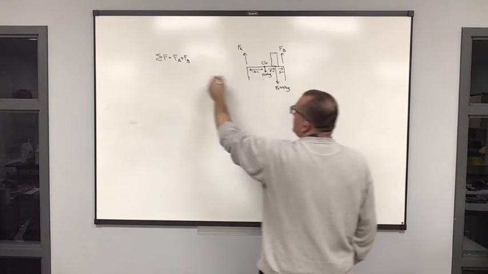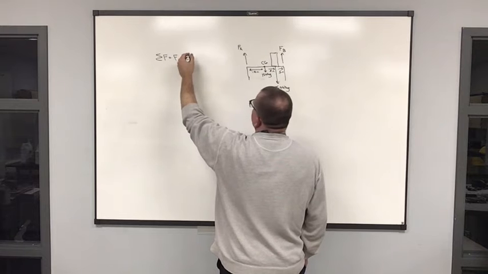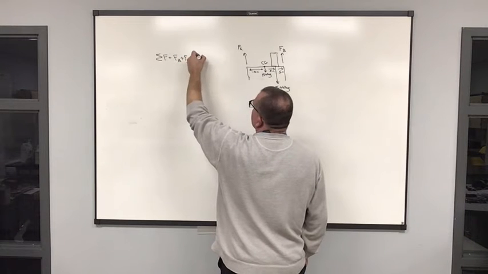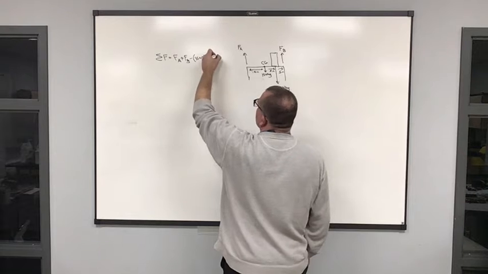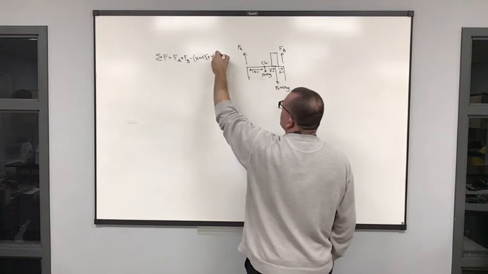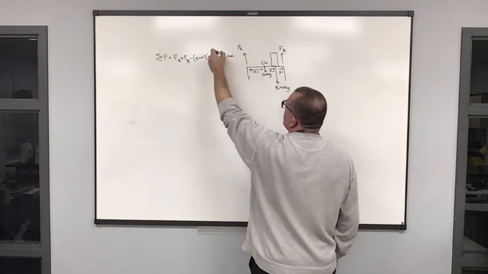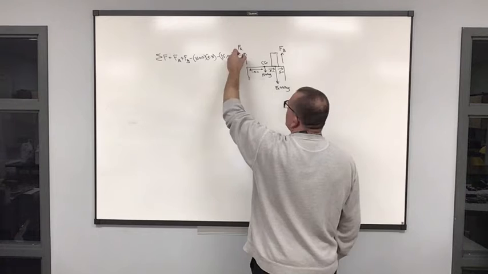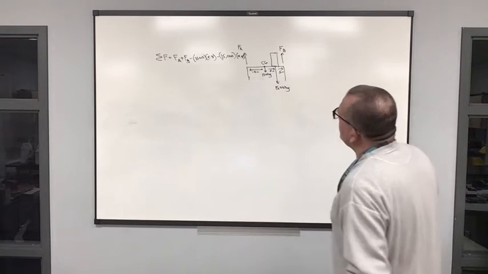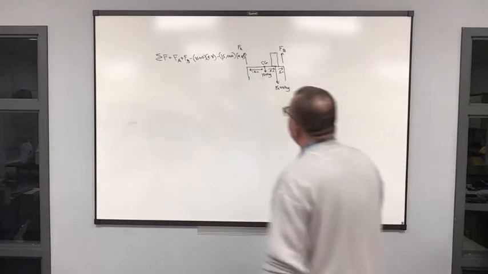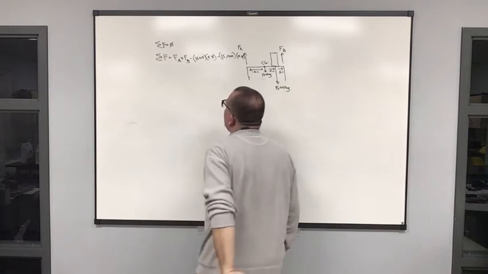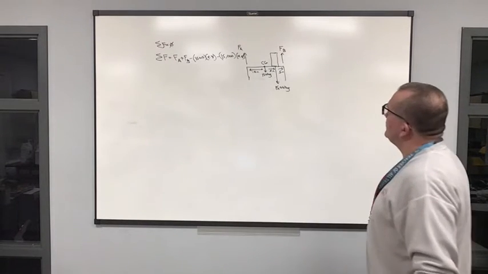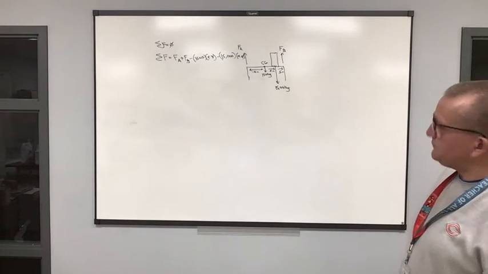So I have the force here minus 1,500 times 9.8, minus 15,000 times 9.8. That's going to be my net force, and my net force is going to be equal to 0.